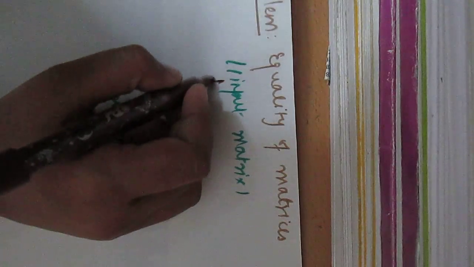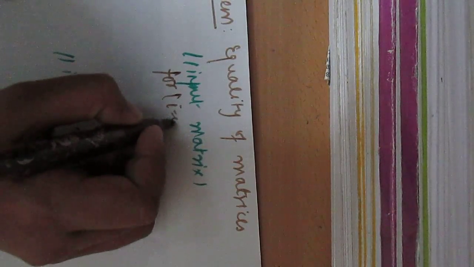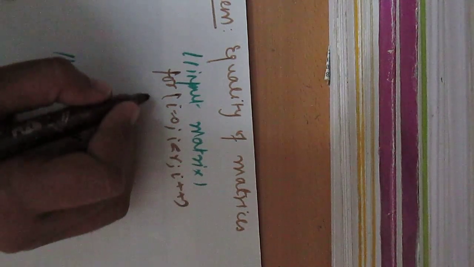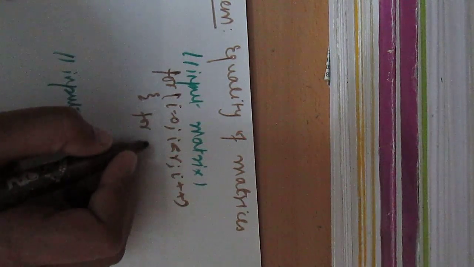For inputting the first matrix, we have the nested for loop: for i equals 0, i is less than R, i plus plus, and then for j equals 0, j is less than column, j plus plus, and we will simply cin arr[i][j].